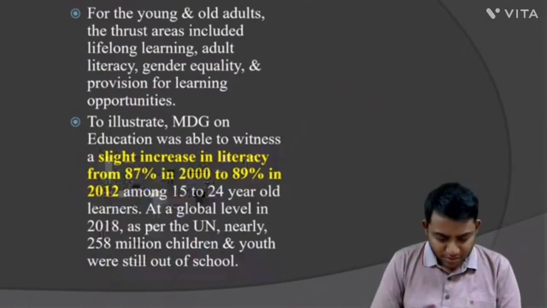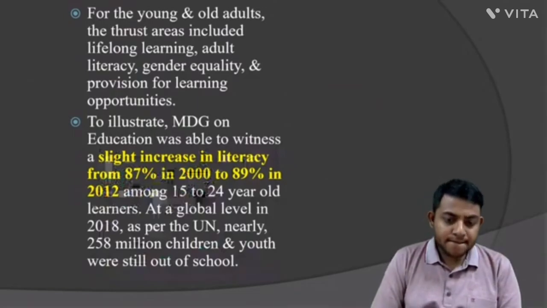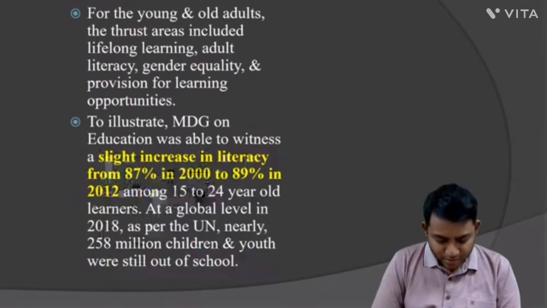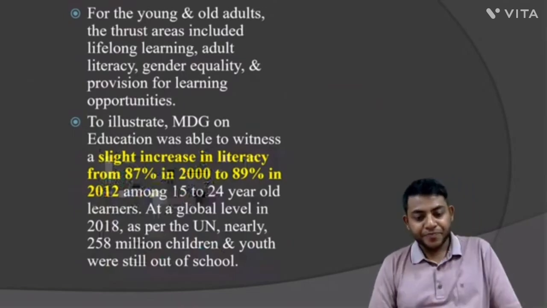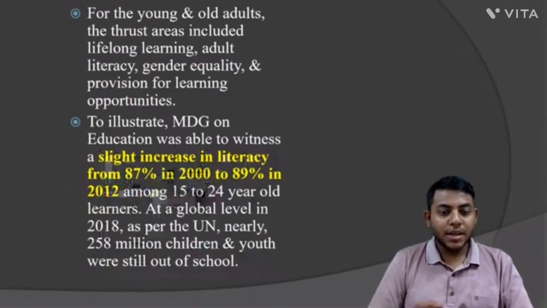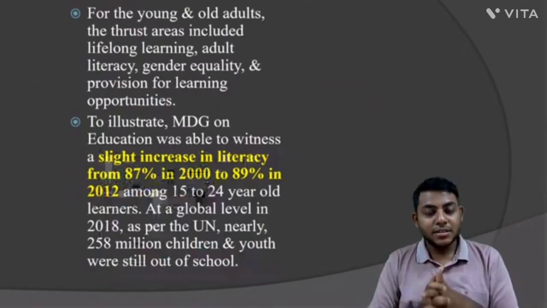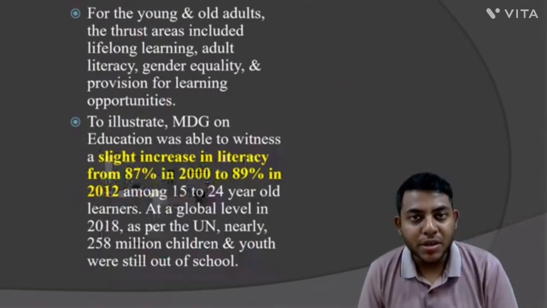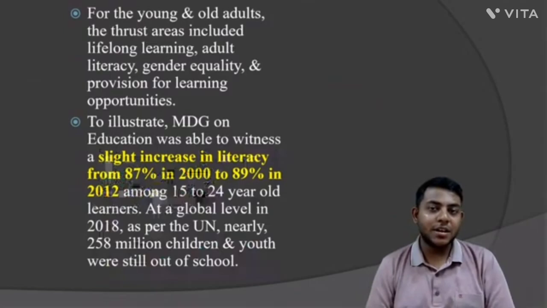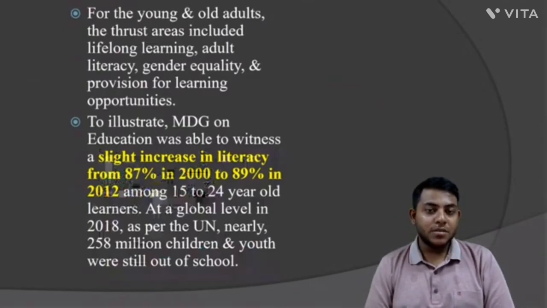At a global level in 2018, as per the United Nations, nearly 258 million children and youth were still out of school. Here we see that Sustainable Development Goal 5 also becomes very important, that is achieve gender equality and empower all women and girls. So gender equality has also been emphasized when we talk about promoting literacy.